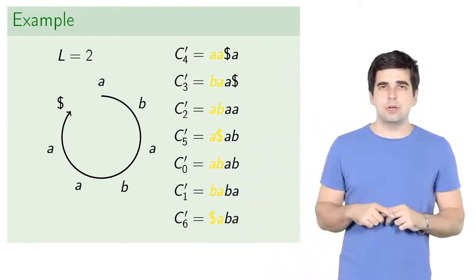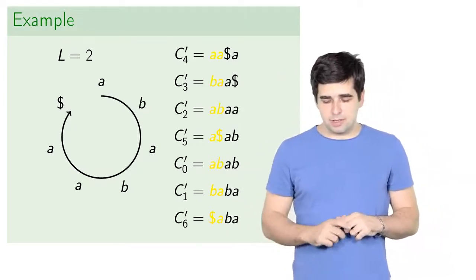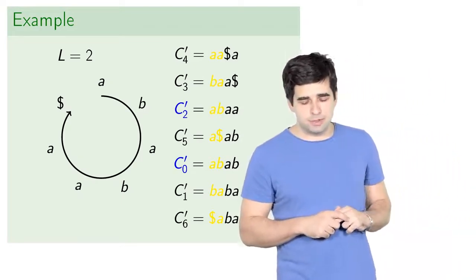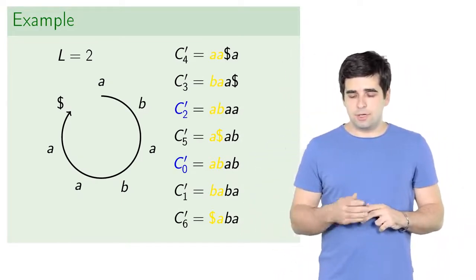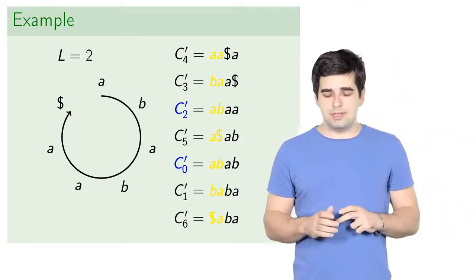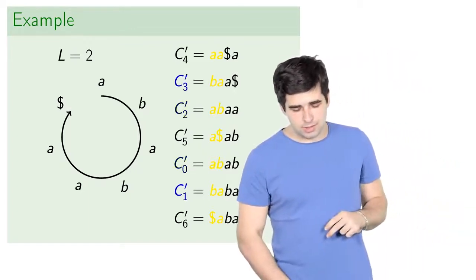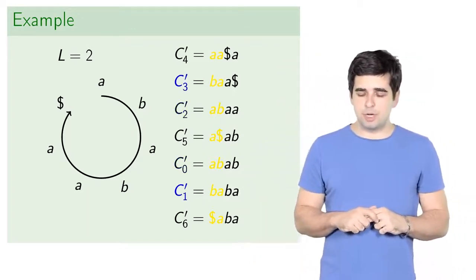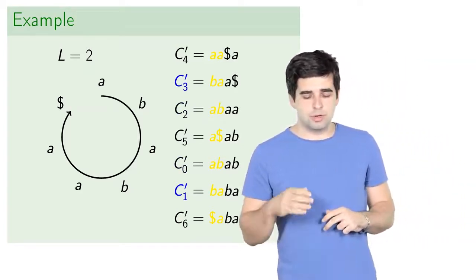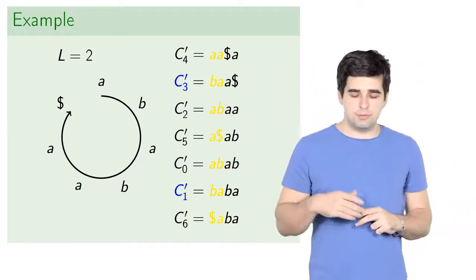And we will need to do so in a stable sort fashion, so that if, for example, C2 prime is before C0 prime, and the first halves of C2 prime and C0 prime are the same, they need to stay in the same order in the final sort. And the same goes for C3 prime and C1 prime. They both start in BA. So when we sort by the first half, C3 prime has to stay before C1 prime.